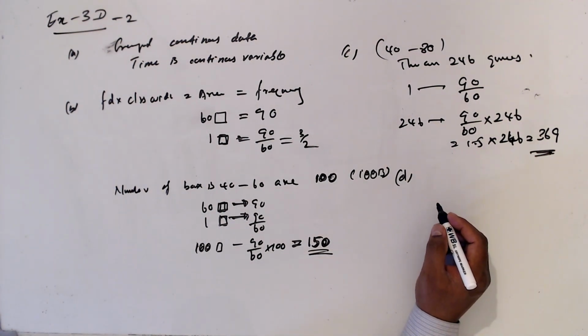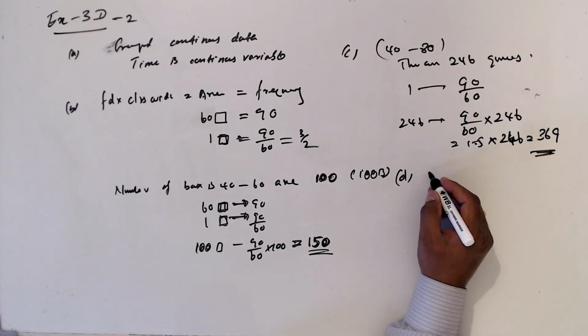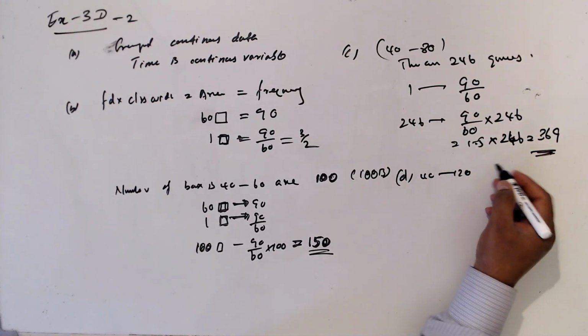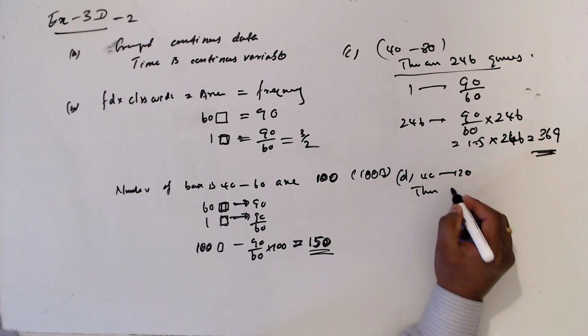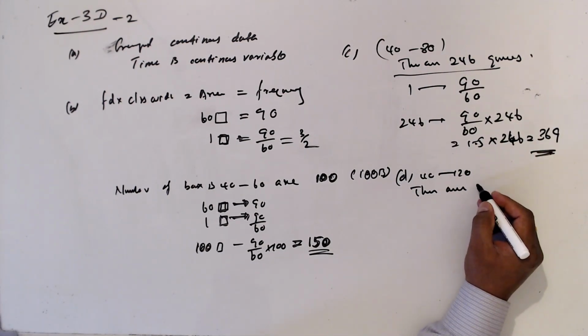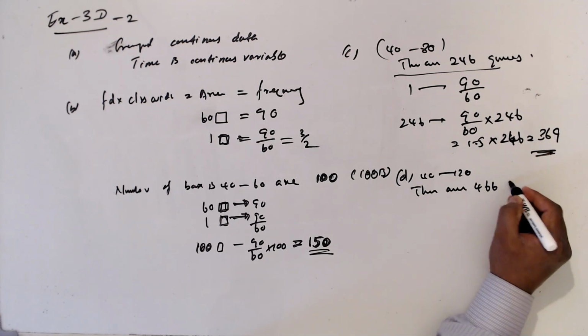Part D, calculate the total number of students who took part in this race. In that case we have the 40 to 120 interval, and we need to calculate the number of squares. When you finish counting, there are 466 squares.